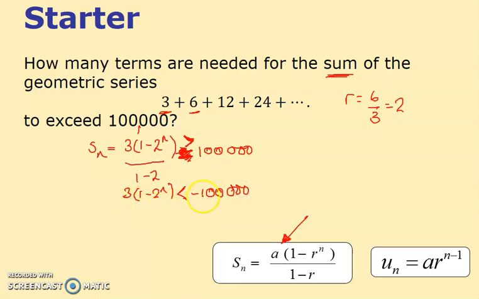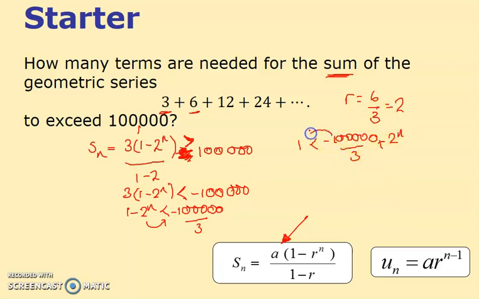And I can move the 3 over and divide by the 3. That gives me 1 minus 2 to the n is minus 100,000 over the 3. Yeah, might as well leave it like that. And now what I'm going to do is move that over there, which would give me, I'm only adding it on, so it's 1 is less than minus 100,000 over the 3 plus 2 to the n.